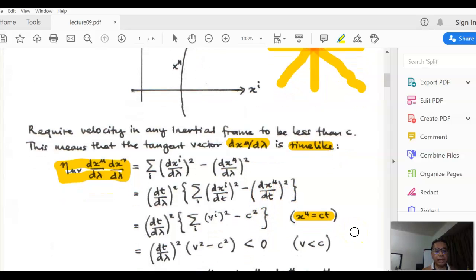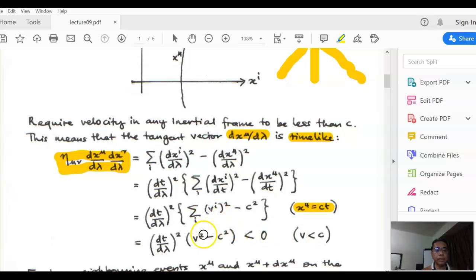Now, the addition of the components squared will give you the magnitude, v squared. And then over here you have c squared. Since we know that v squared has to be less than c squared, this quantity should be negative, because this is a square and this term is a difference of squares.